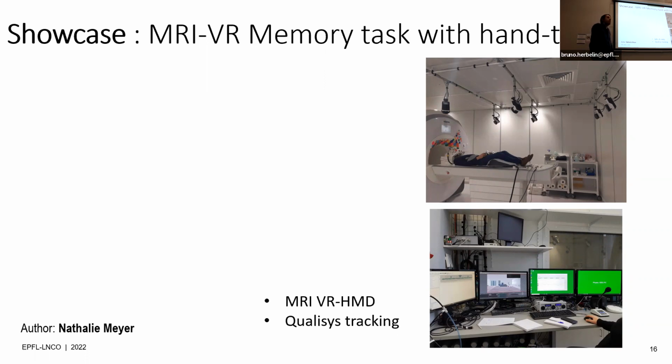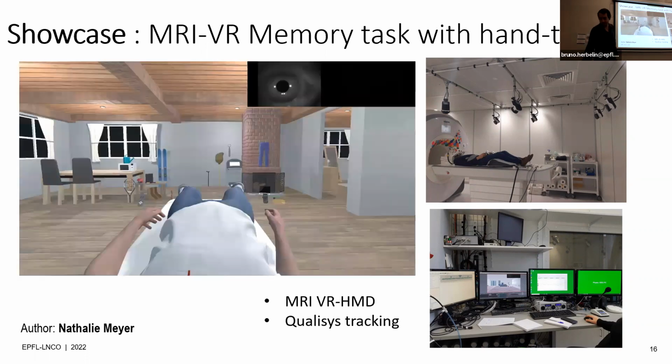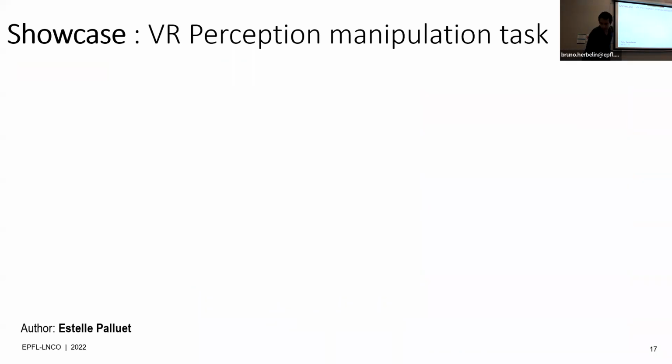You have to avoid moving too much in the MRI, but you can still answer questions or do small tasks like this. It's still a memory task, and we were doing hand tracking as a specific task.